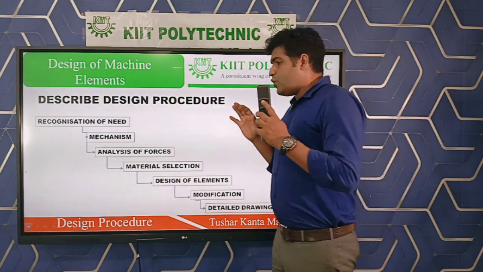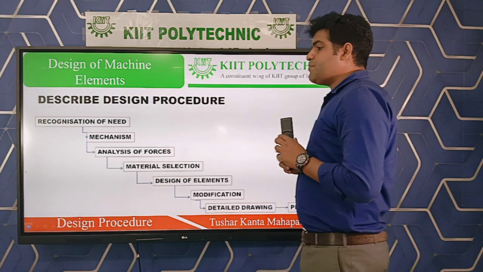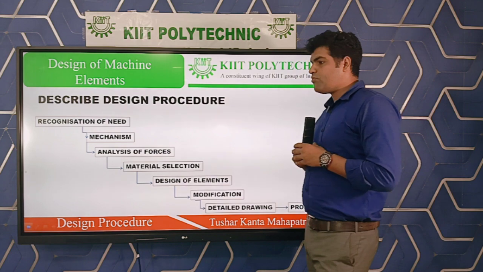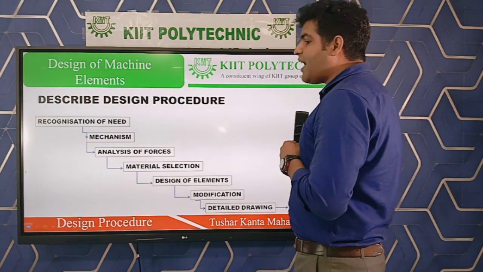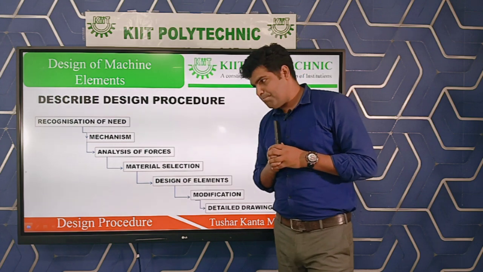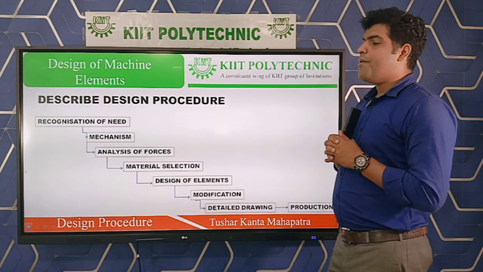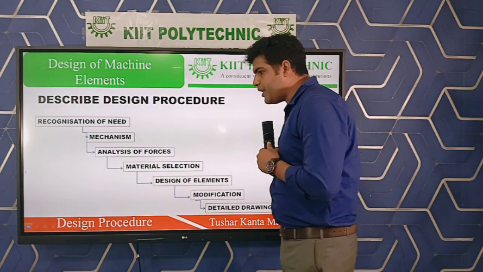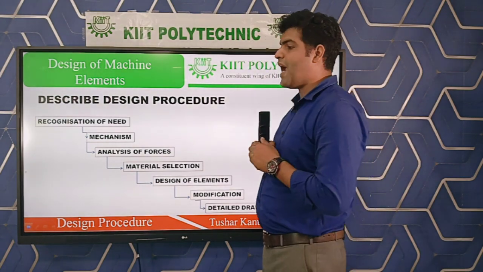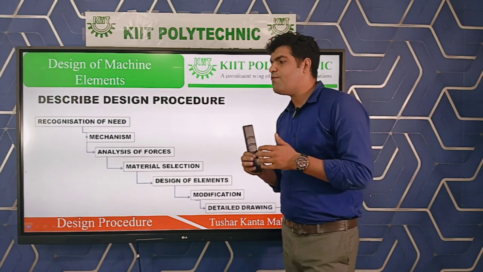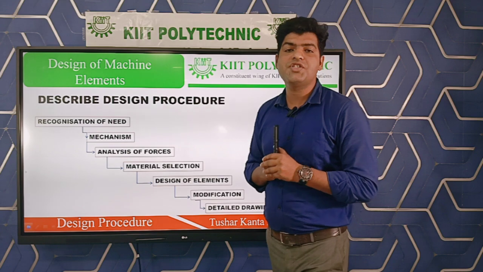So we find the size of each member of a machine by considering the force acting on the member and the permissible stresses. For mechanical use, it should be kept in mind that each member should not deform beyond the permissible stress.